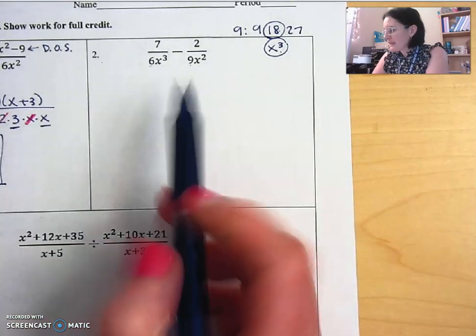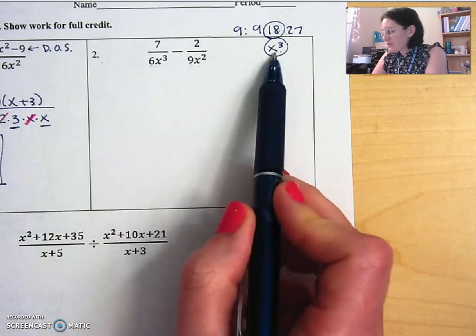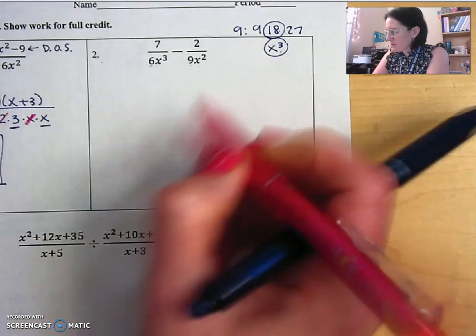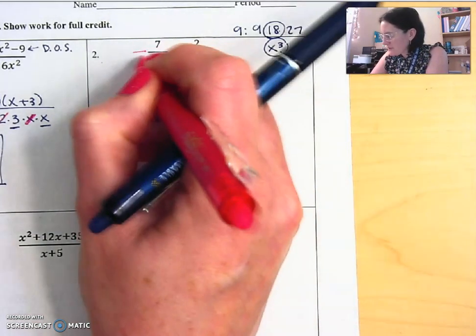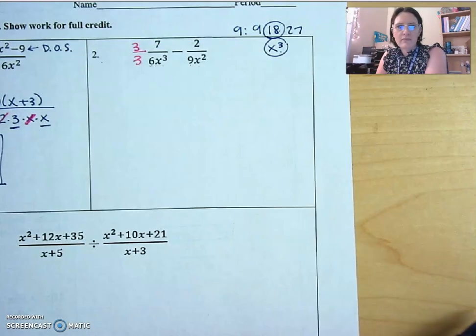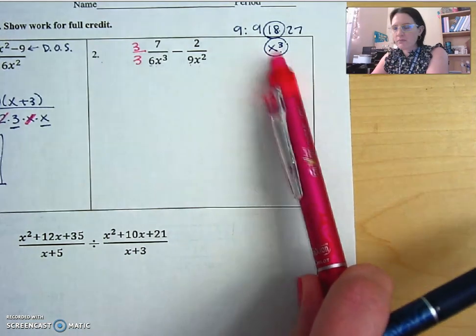And I need to multiply each fraction by whatever I need to make their denominator match this common multiple. So in the first fraction, I need to multiply the 6 by a 3. And whatever you do to the bottom, you have to do to the top. I don't need to change x cubed because it already is x cubed.